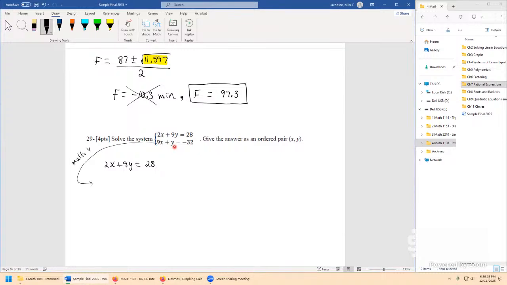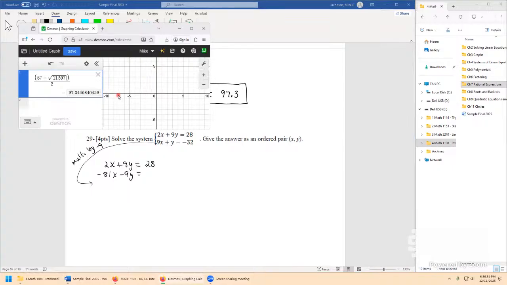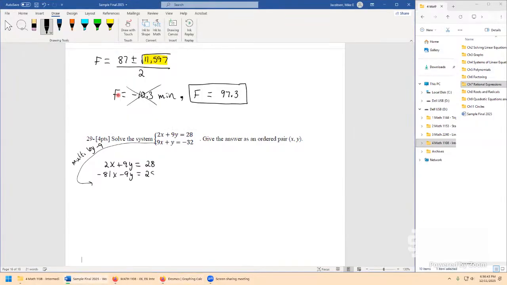We'll get -81x minus 9y equals large number. Let's see what this one comes out as. So 32, rather -32, we're multiplying by -9. So it comes out as a positive 288.